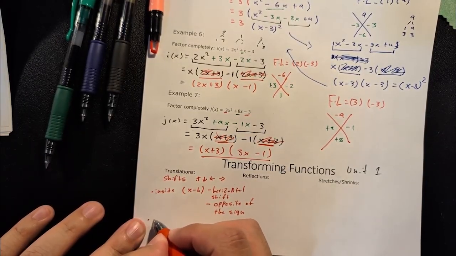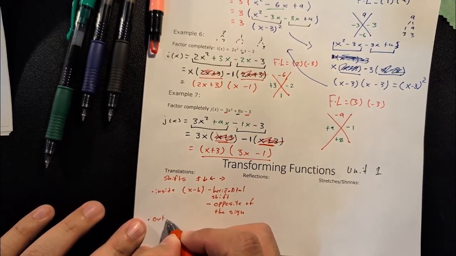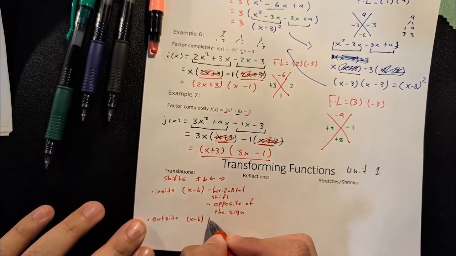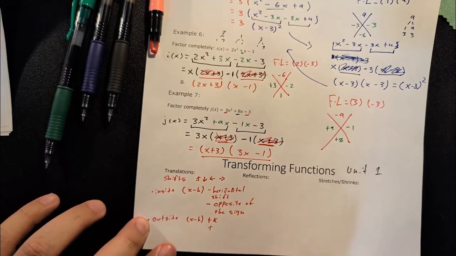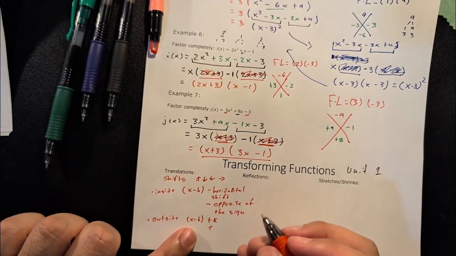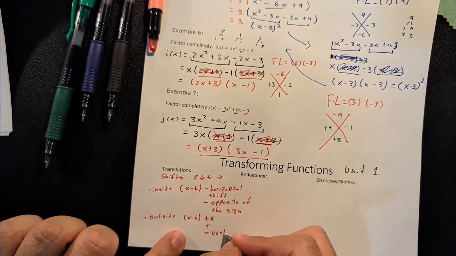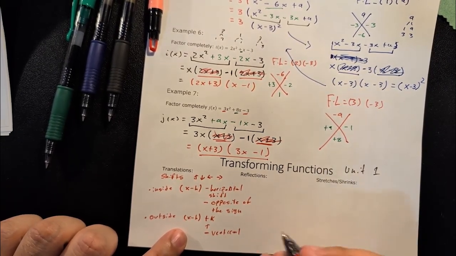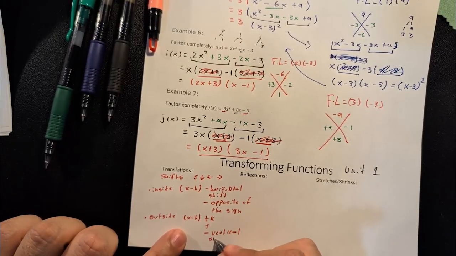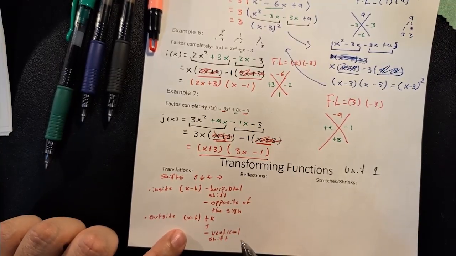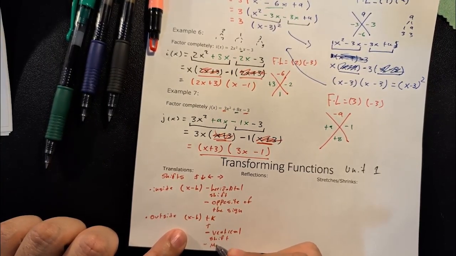If it is outside our x minus h, so plus k. So we're looking at this. If it's outside the parentheses, it's gonna be a vertical shift. Okay, and it moves with the sign.